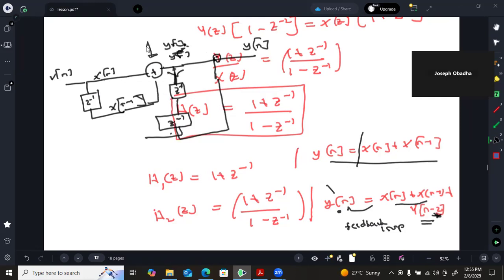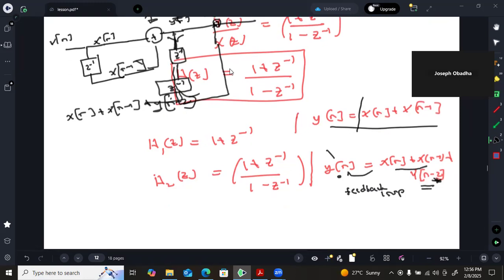Because you can see that if you check now what we have here, I have x of n plus x of n minus 1 plus this, which is delayed twice, y of n minus 2. So here, we will say that there is a feedback.